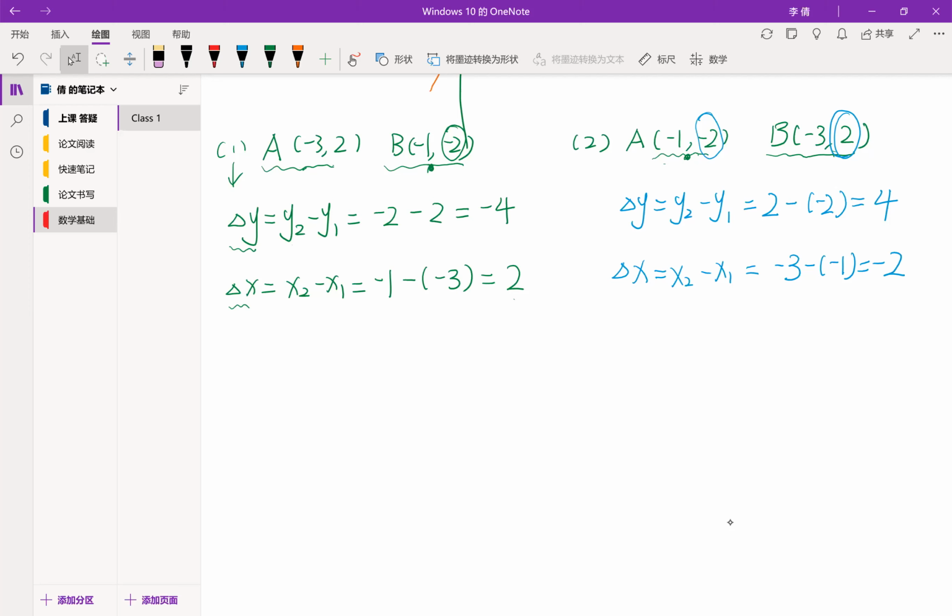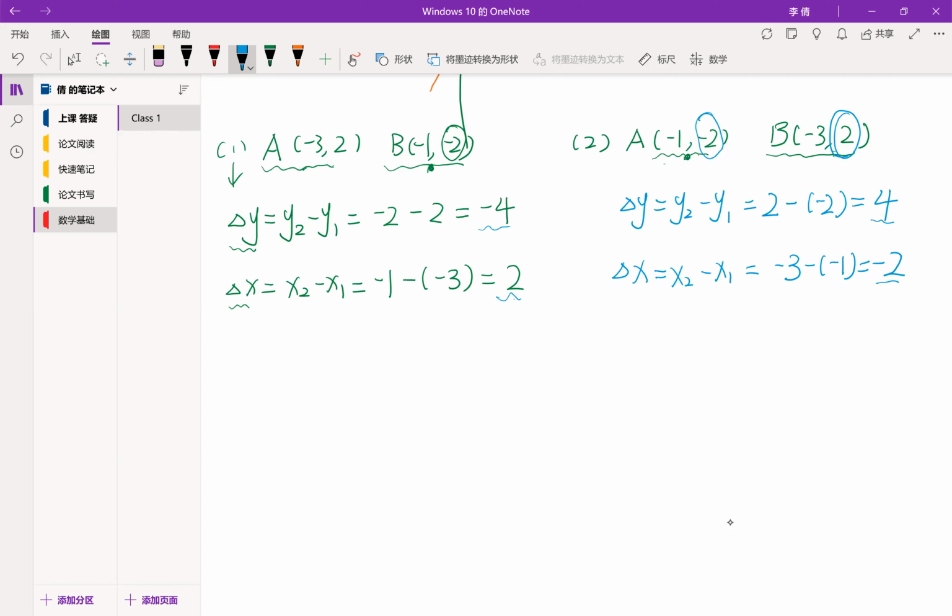Okay, let's see. The increments for the first exercise are -4 and 2, and the increments for the second exercise are 4 and -2, so the increments are different.